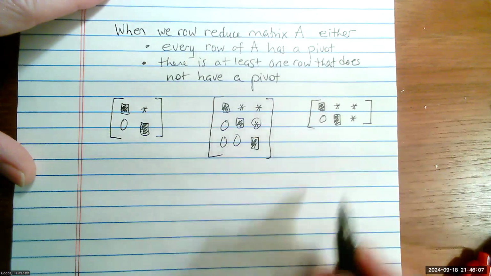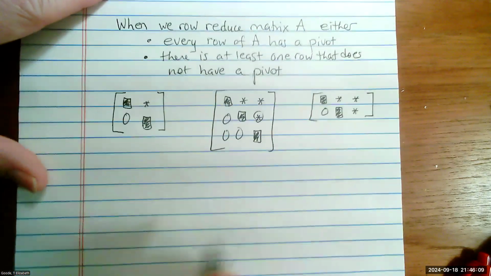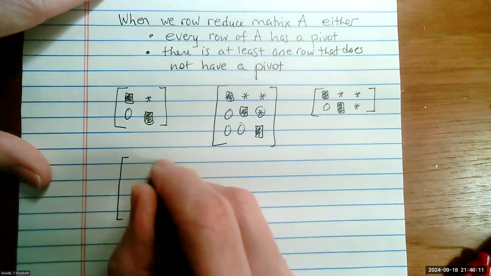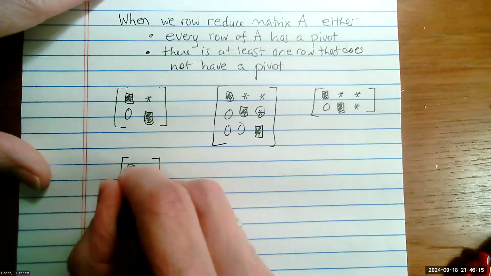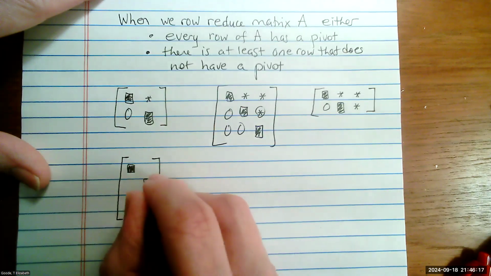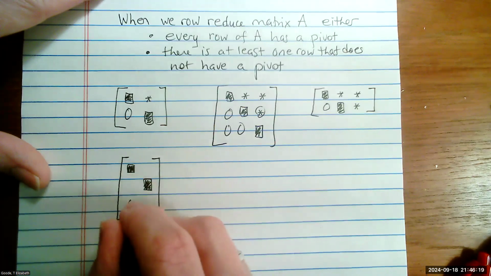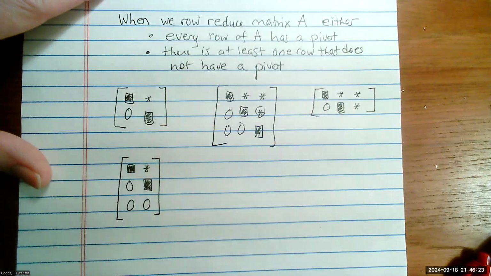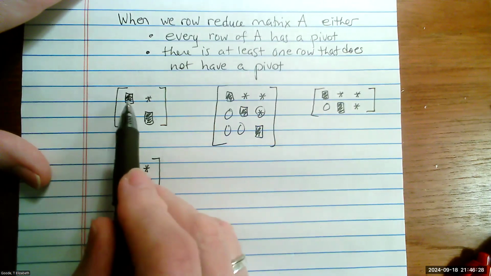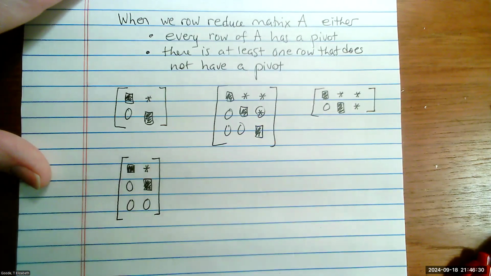But every row has a pivot. Or maybe it's 3 by 2. If it's 3 by 2, it is impossible for every row to have a pivot, because we don't have enough columns to have a pivot in every row, because the pivots have to march down and to the right.